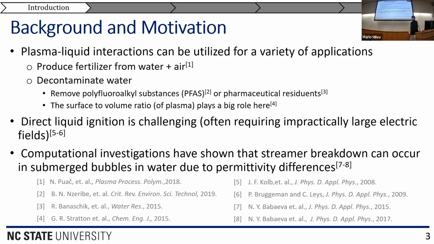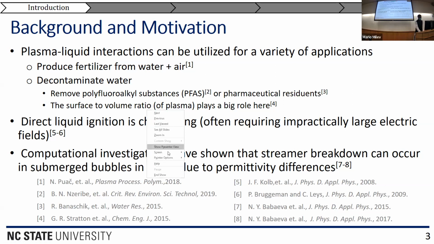Some of the motivating background for this project was to look at a better way to have plasmas ignite near a liquid interface, because plasma and liquid interactions have a variety of applications.